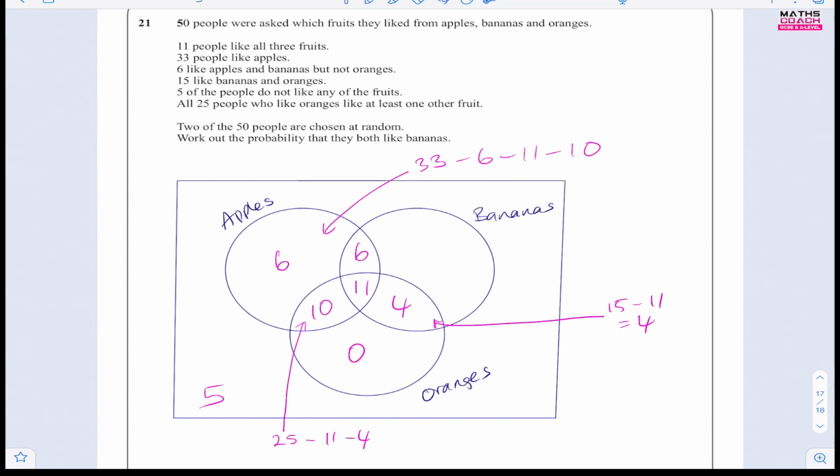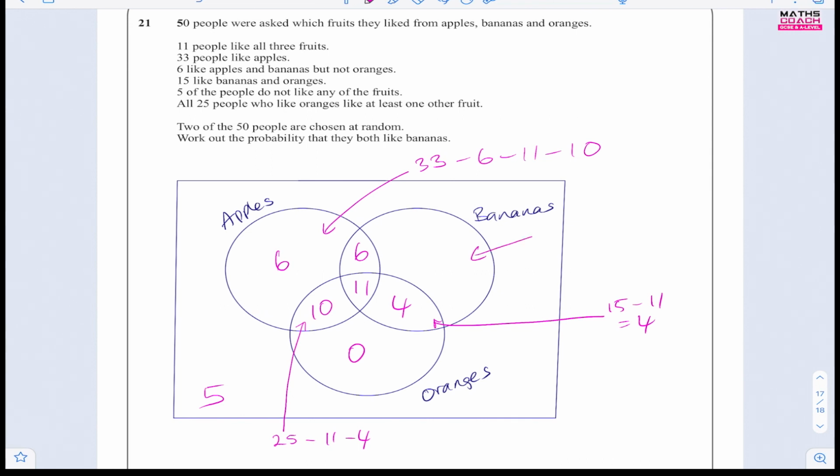Now there's only one region left to fill in, which is the people that like bananas only. Now, seeing as all the other regions are already filled in, we can now go back and find out how many people like bananas only. How? We go back to the question. It says that 50 people were asked in total. That means this entire Venn diagram has to be representative of 50 people.